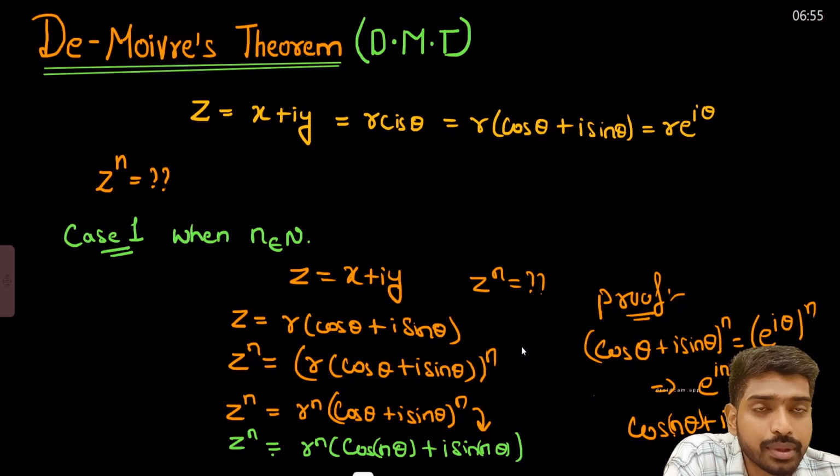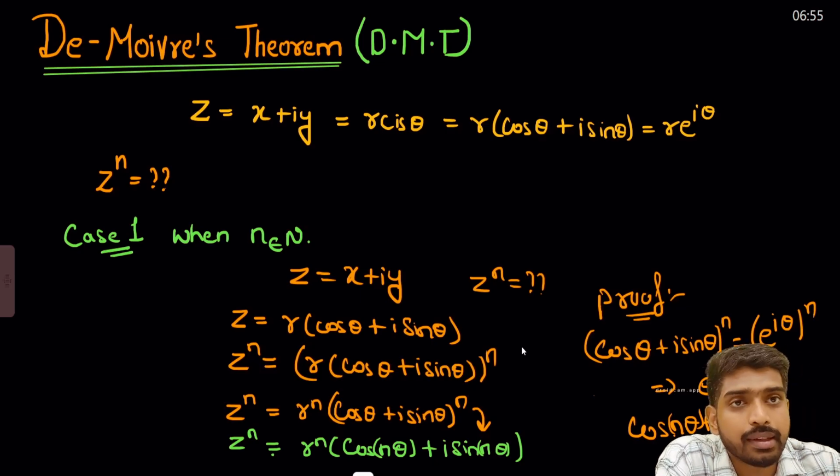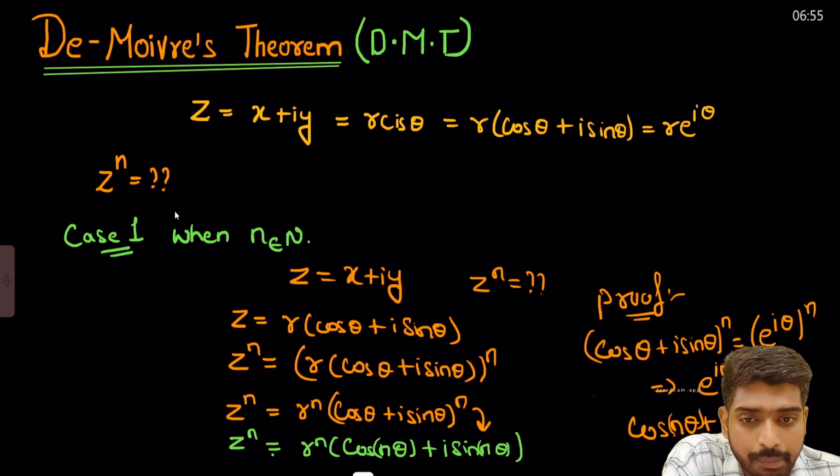So whenever we have to raise any complex number to the power n, first we'll convert that complex number into polar form. After converting into polar form, the magnitude r power n will happen. We have to find z power n, right?